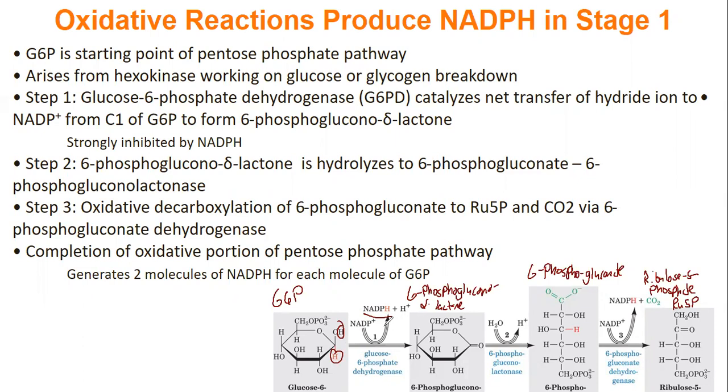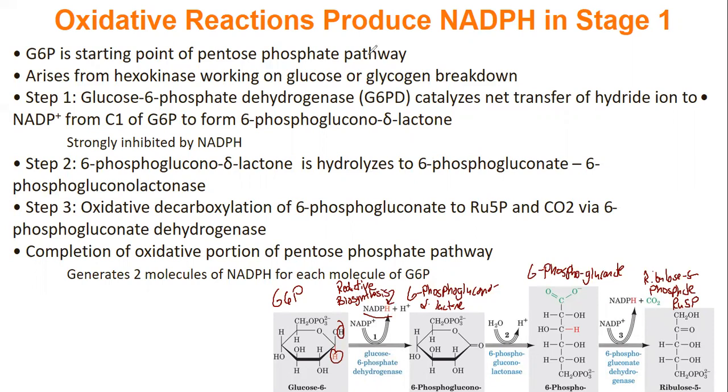This just goes in one direction. This NADPH, also mentioned on Tuesday, is used for reductive biosynthesis. So this molecule is just mainly used to make other things in your body.